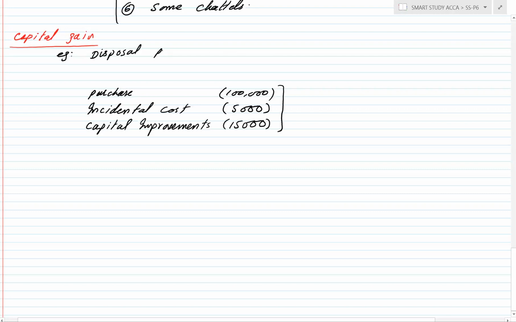Now I'm going to sell this building and say I have sold this building for £200,000, and similarly there may be incidental cost at the time of disposal. Just like purchase, maybe I need to incur marketing cost, I need to pay commission to the agent.